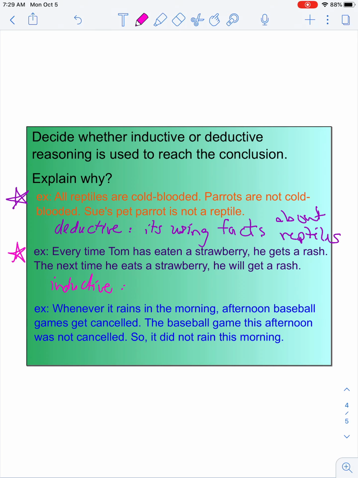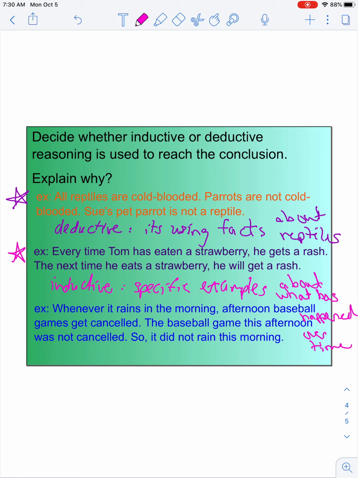But he's using specific examples over time of what's happened in the past. So specific examples about what has happened over time.